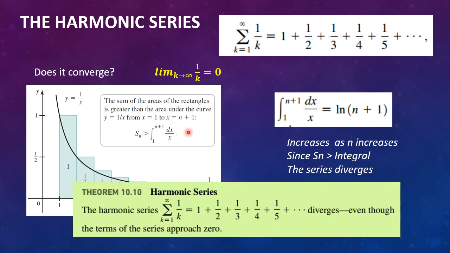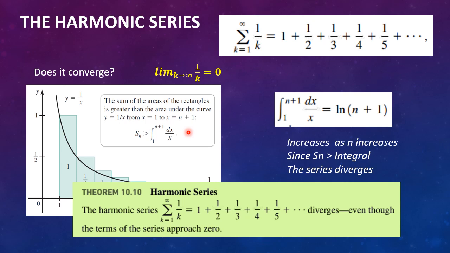And so the harmonic series, which is the summation of 1/k as k goes from 1 to infinity, diverges, even though the terms of the series approach 0. So this is a really good illustration of the divergence test: while it can tell you if a series diverges, it cannot tell you that a series converges when the individual terms are going to 0.